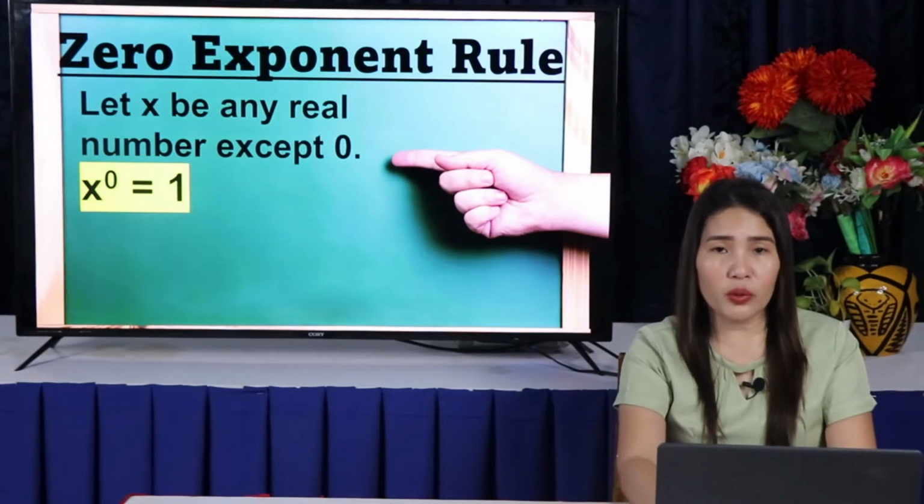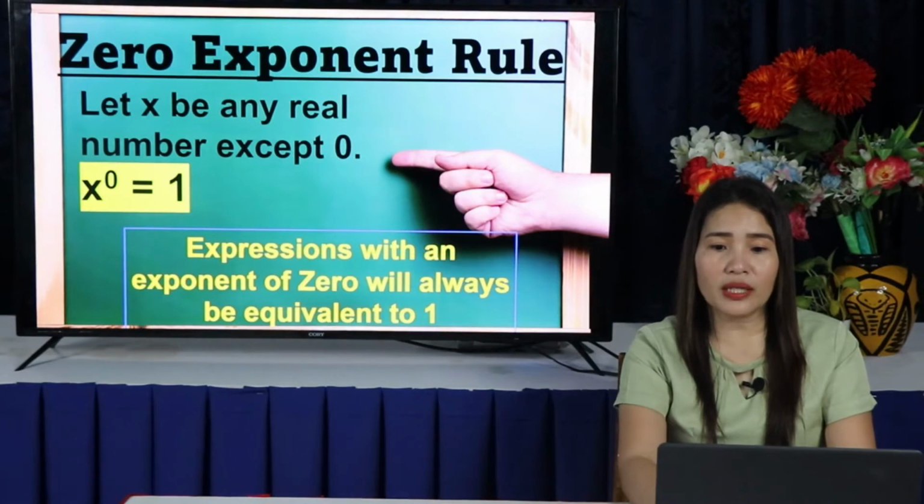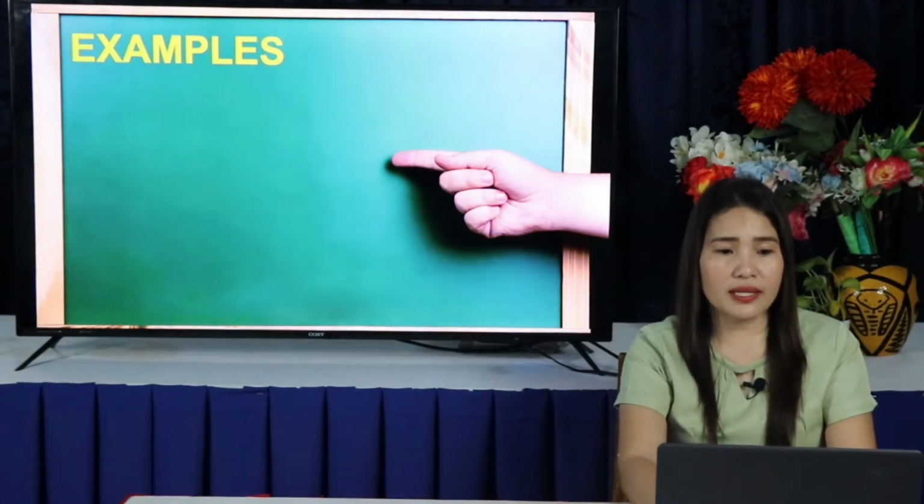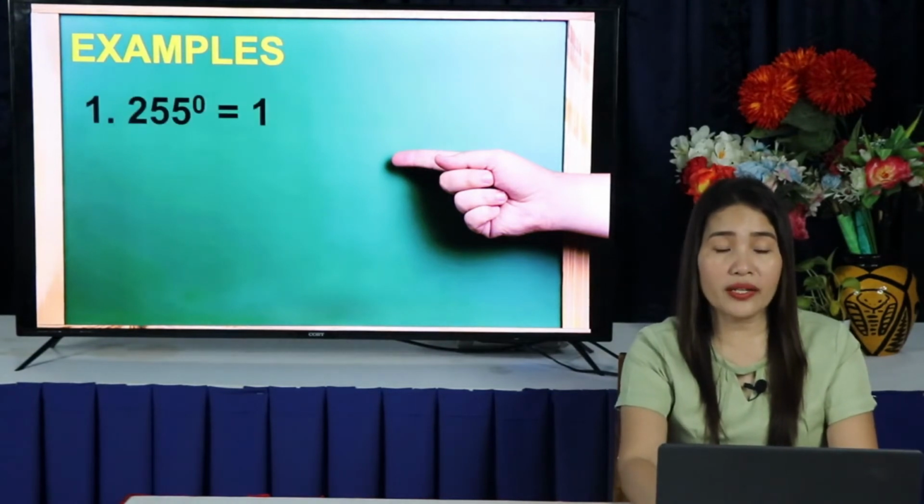Next will be the zero exponent rule. Let x be any real number except 0. X raised to 0 is equal to 1. Expressions with an exponent of 0 will always be equivalent to 1. For our examples, say we have 255 raised to 0 is equal to 1.